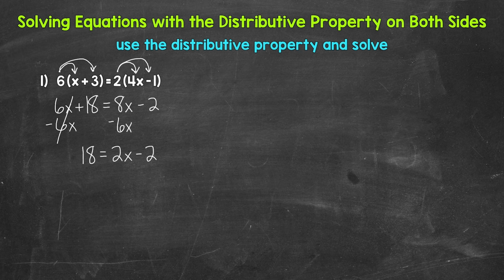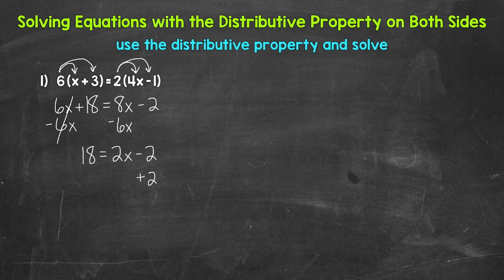Now the variable is on one side of the equation, and we can look to solve. We need to isolate that variable of x by using inverse operations and going in the reverse order of operations. So we need to undo the subtraction first. The inverse operation of subtraction is addition, so let's add 2 to the right side of the equation.